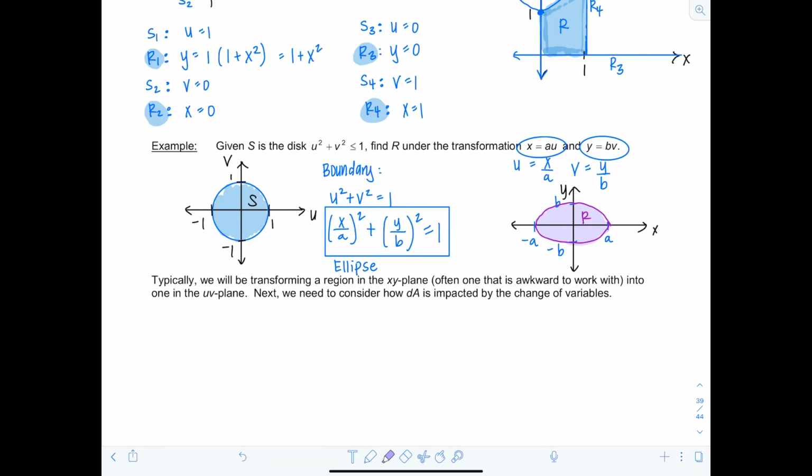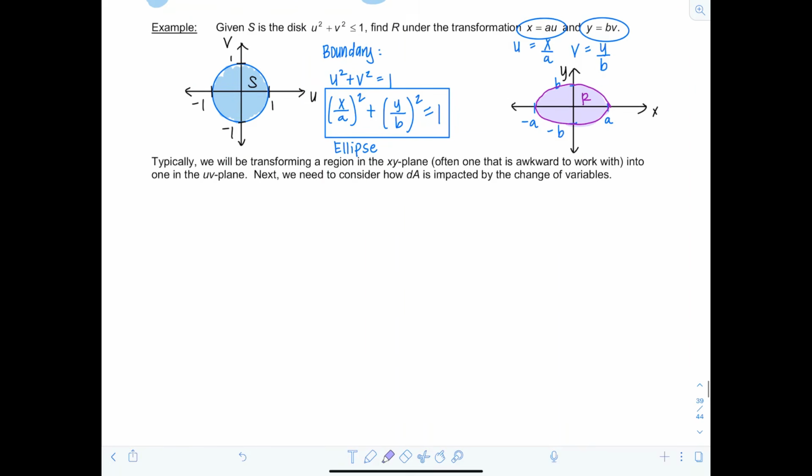Okay, good. I think we got the hang of it. Now, typically, we're going to transform a region in the xy plane, one that's awkward to work with, into one in the UV plane. So we want to consider now, how is dA going to be impacted by the change of variables? So remember, our transformation T mapped from the UV plane to the xy plane.